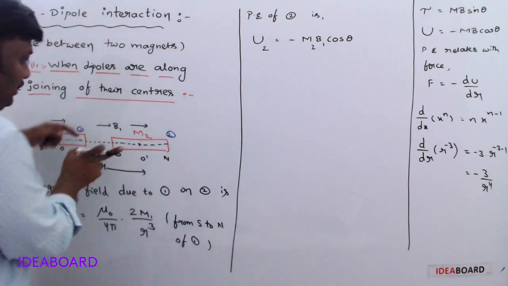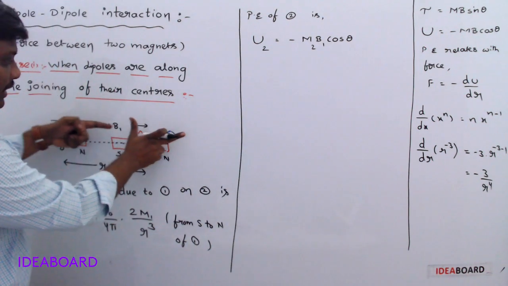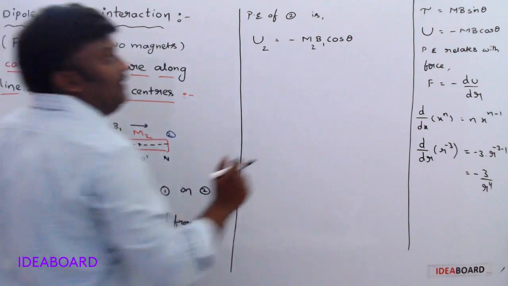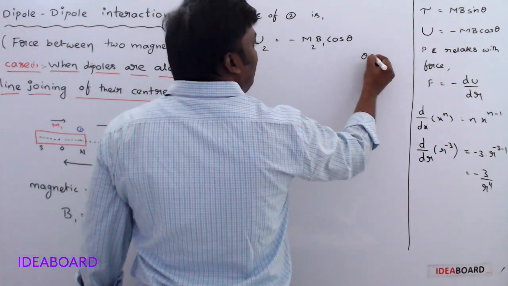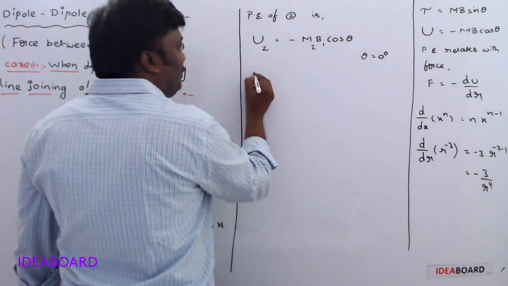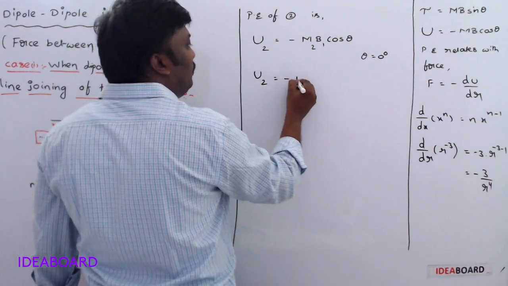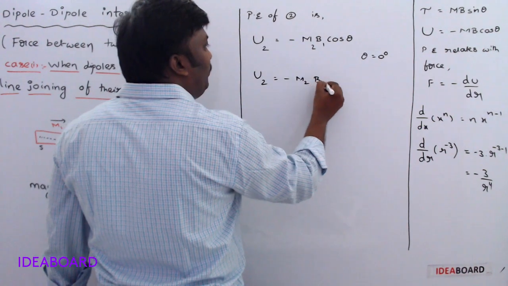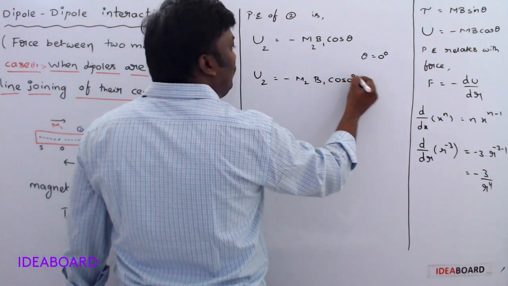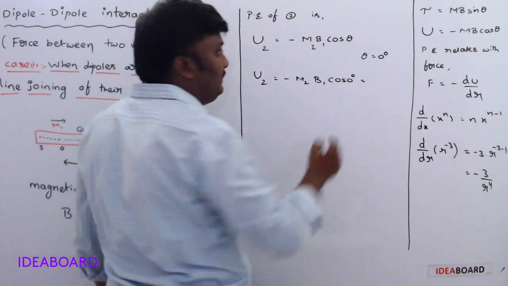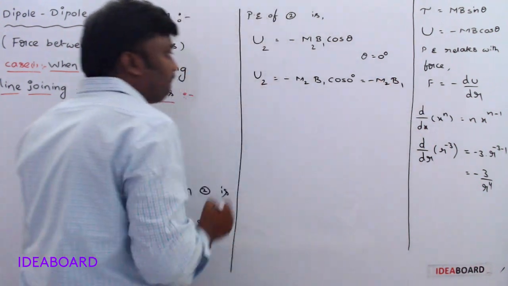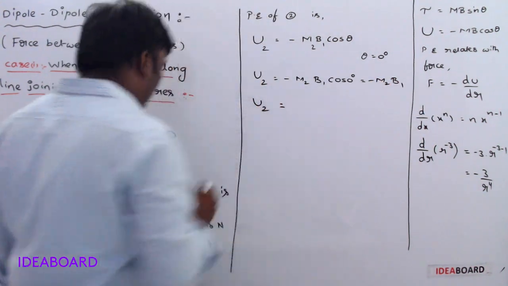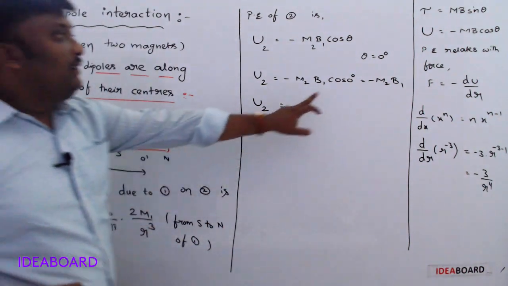Here, m2 and B1 are both in the same direction, so theta can be taken as 0. When theta is 0, U2 is minus m2 B1 cos 0, and cos 0 is 1, so minus m2 B1.